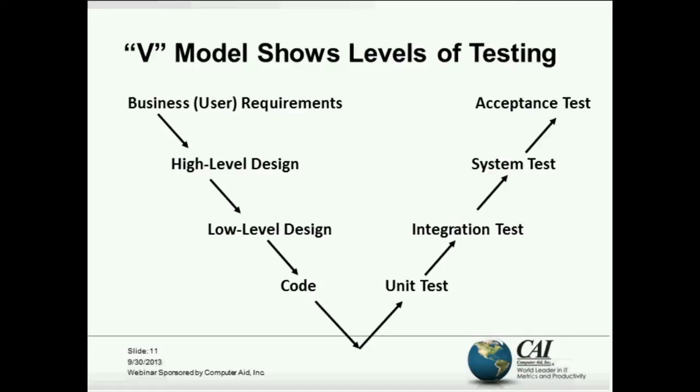Now, unit testing, integration testing, and system testing are what I call technical or development testing. They are the responsibility of the development side of the house. And development includes analysts, business analysts, QA and testing, as well as programmers.